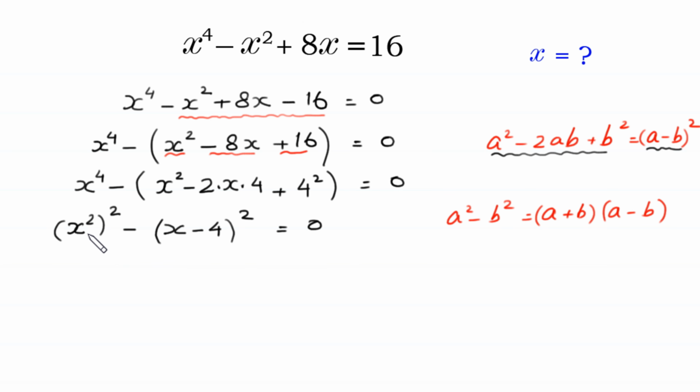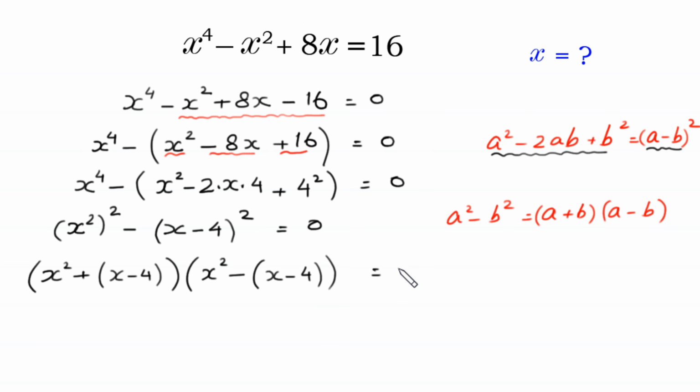This x squared whole squared minus x minus 4 whole squared can be written as x squared plus this term x minus 4 times x squared minus this term x minus 4 is equal to 0. Now we remove these inner brackets.